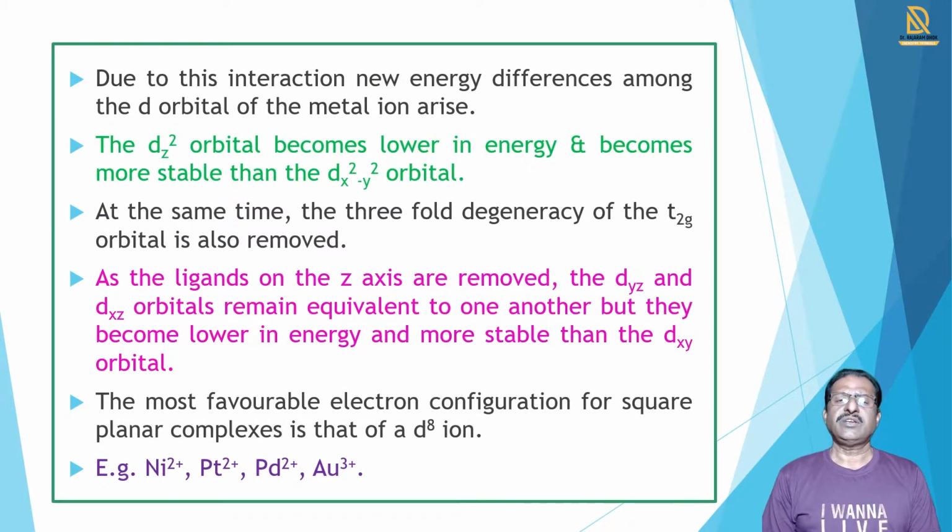Due to this interaction, new energy differences among the d orbitals of the metal ion arise. The dz square orbital becomes lower in energy and more stable, while the dx square minus y square orbital becomes upper in energy.